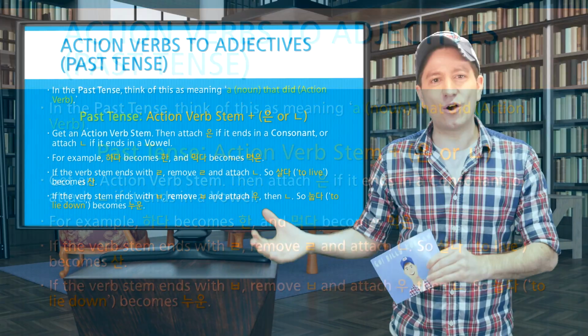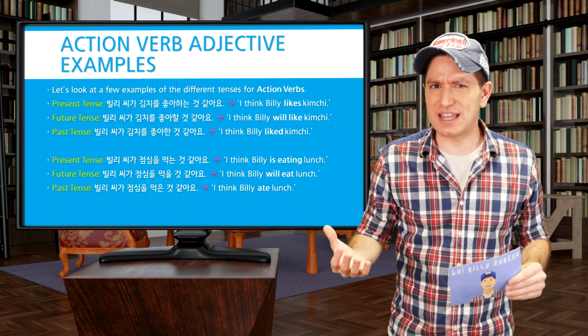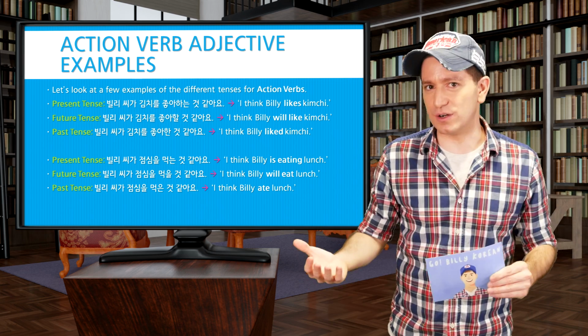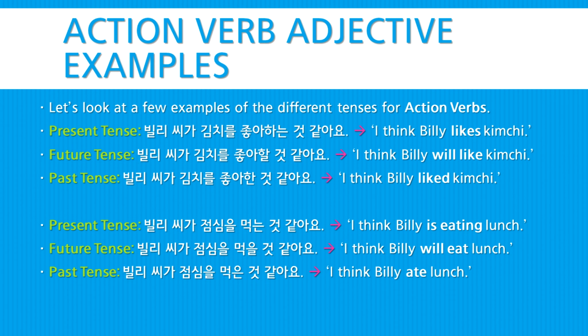Okay, so before we go any further, let's take a look at some example sentences of adjectives that were conjugated from action verbs in the past, present, and future tense. In the present tense, 빌리 씨가 김치를 좋아하는 것 같아요. I think Billy likes kimchi.